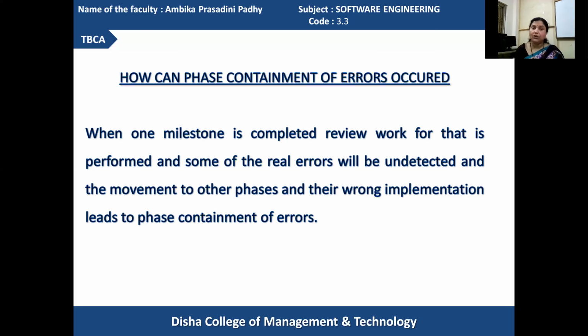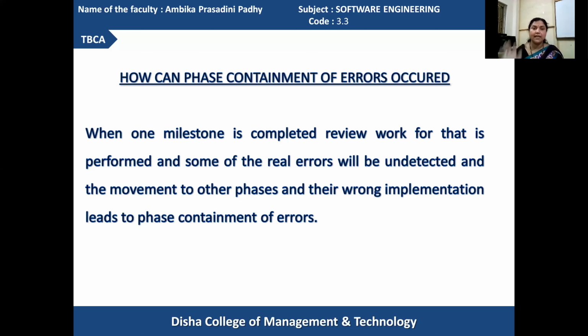And when your defect is identified, find out where it is identified and because of what the error is identified, find out the real cause or the real root, then remove it. That is the occurrence of phase containment of errors. Got it? When a phase has some error, it is identified at the same stage or at the later stages.